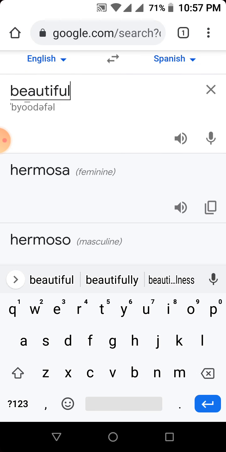Okay, if you're going to notice, there is a parenthesis indicating that hermosa is referring to feminine, and hermoso if you're referring to masculine. So we have your place is beautiful translation in Spanish, and we have it as tu sitio es hermosa.